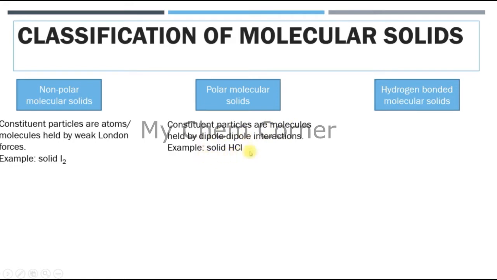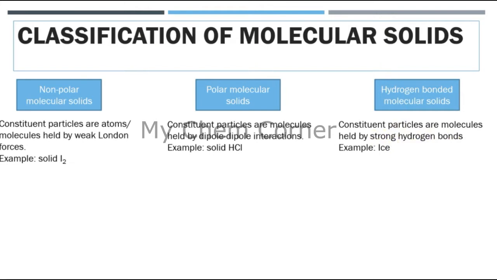An example is solid HCl. The last one is hydrogen bonded. Here the constituent particles are molecules, and the forces holding them together are very strong hydrogen bonds. An example is ice. These are a few points about the differences between non-polar, polar and hydrogen bonded molecular solids.